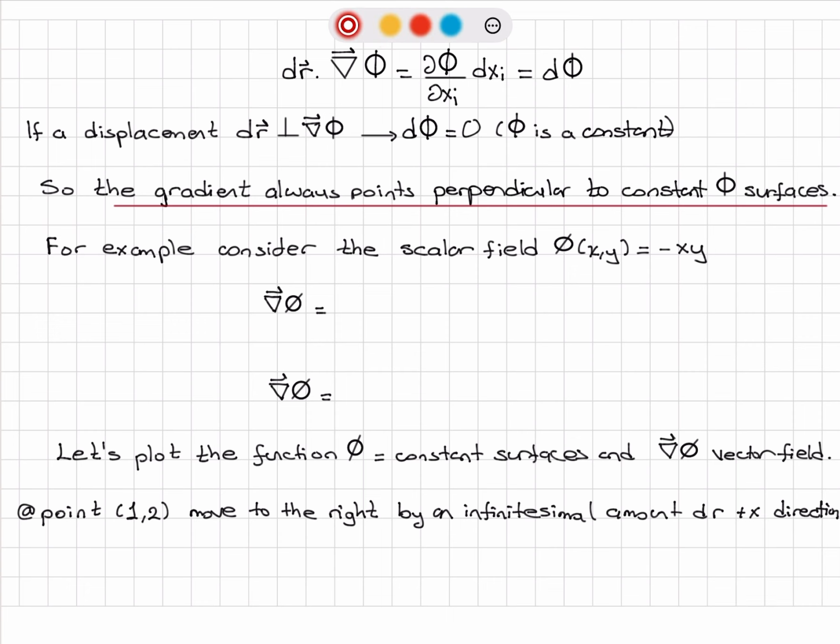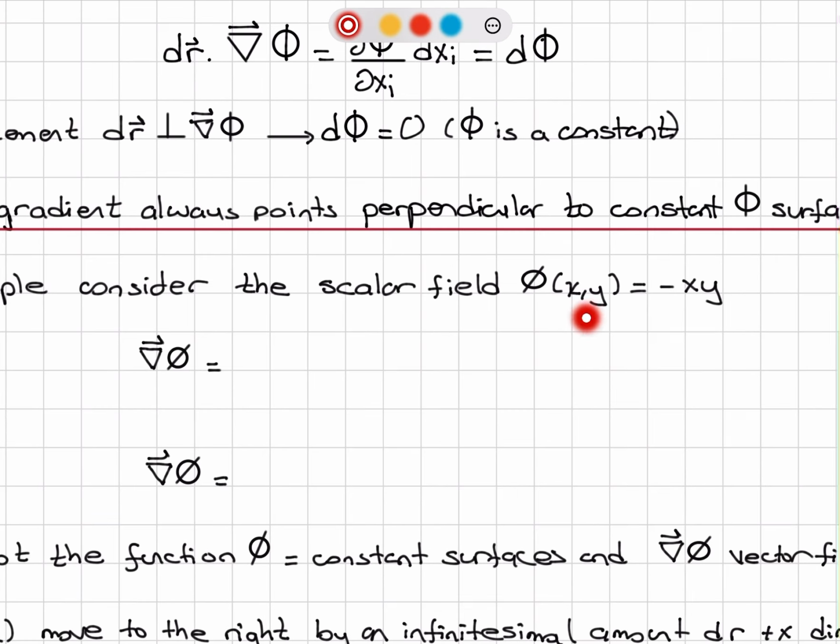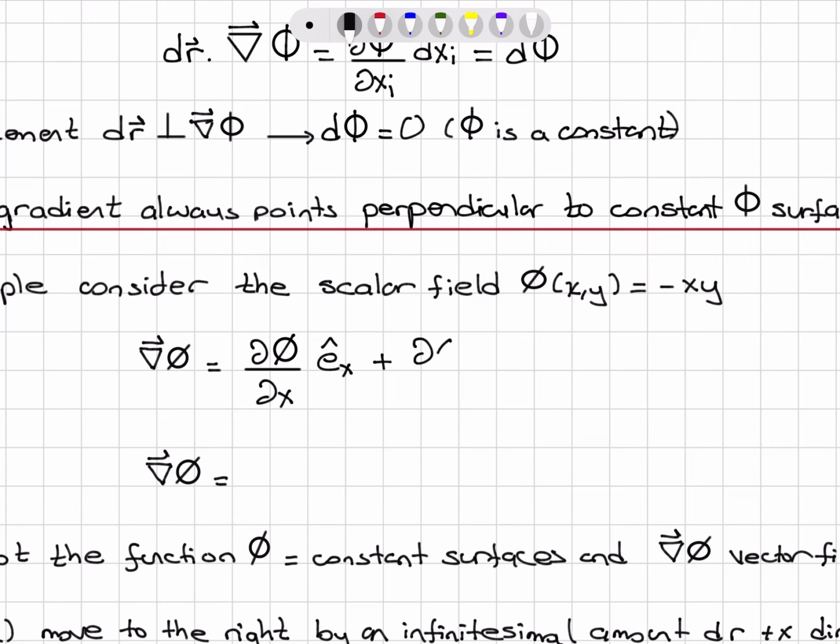As an example, let's consider the scalar field phi of xy is equal to minus xy. What is the gradient of phi? It's del phi del x ex hat, plus del phi del y ey hat.